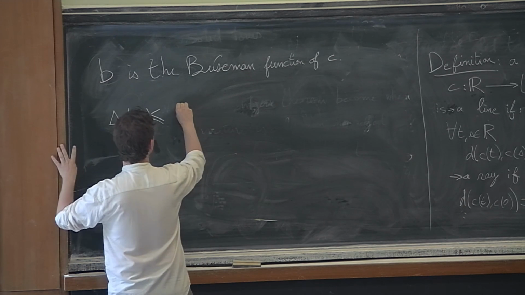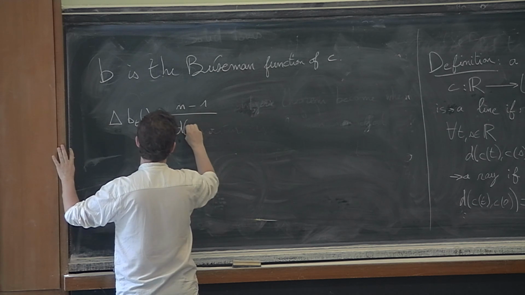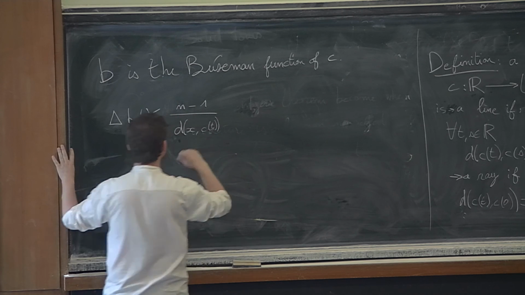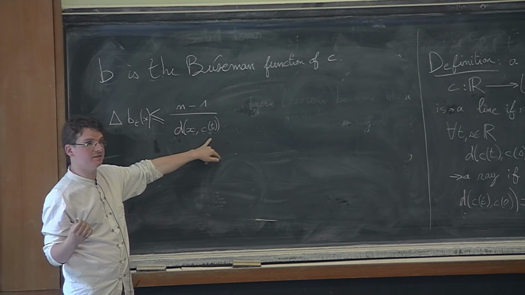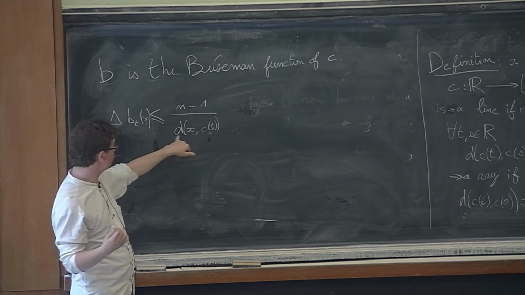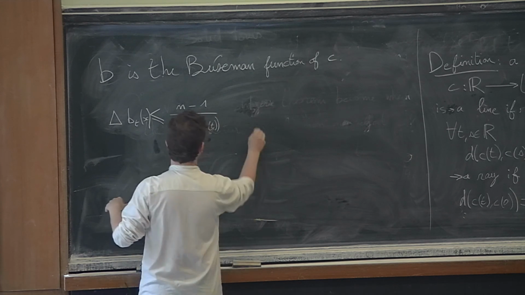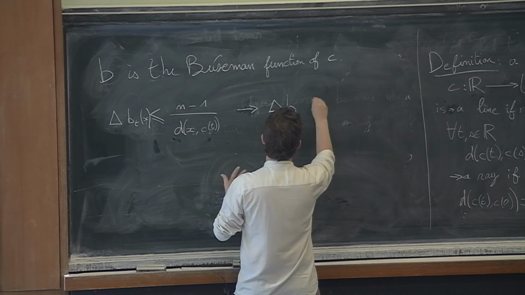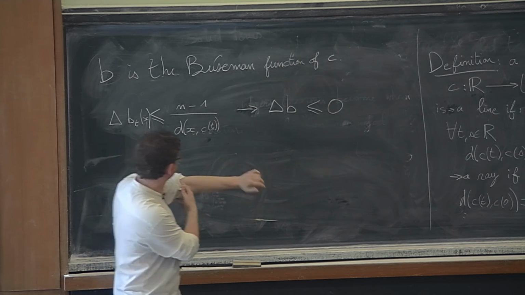So that will be (n minus 1) over d(x, c(t)). So if I let t go to infinity, this will go to plus infinity. So this gives that the Laplacian of b is less than 0. Okay, that's nice.